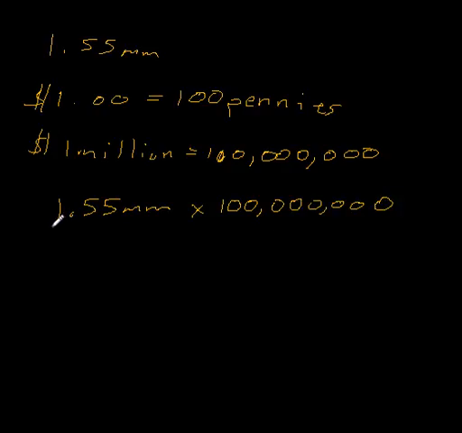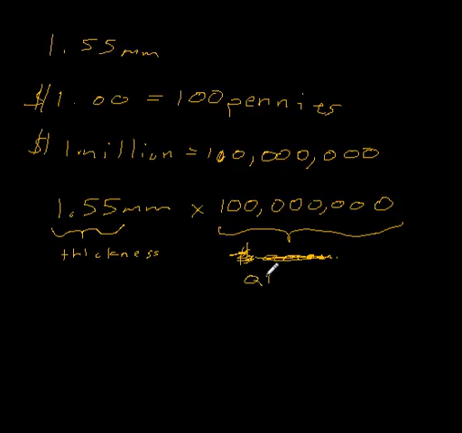So I'm taking the height, or the thickness, of my pennies. The thickness is also equivalent to the height, and multiplying it by the amount of money, or better yet, the quantity of pennies.